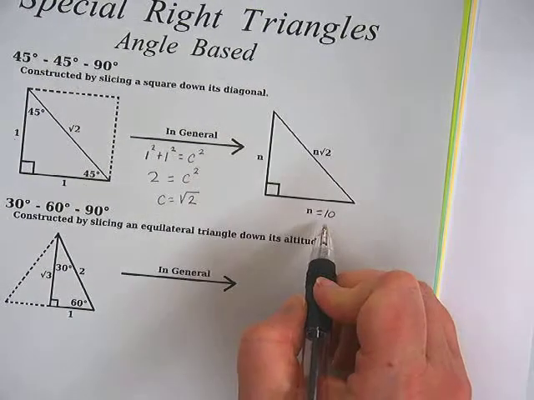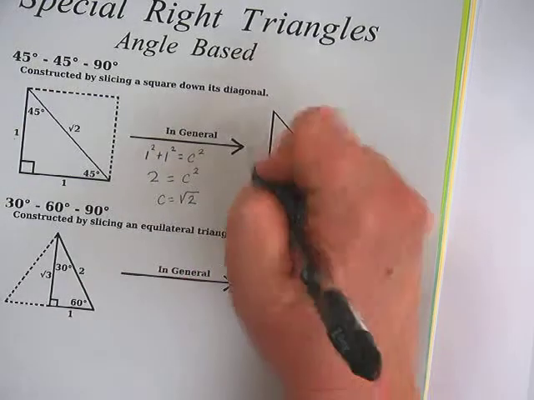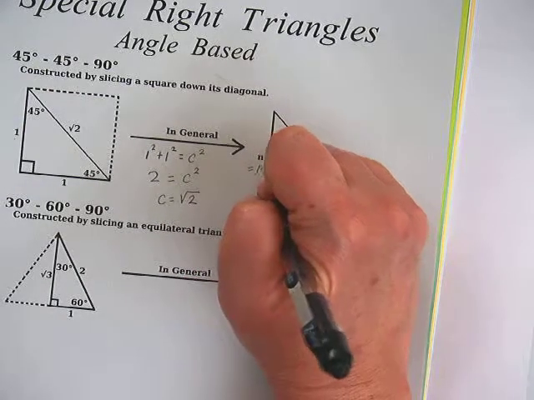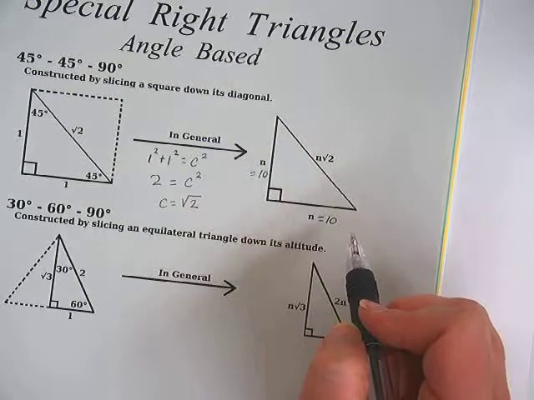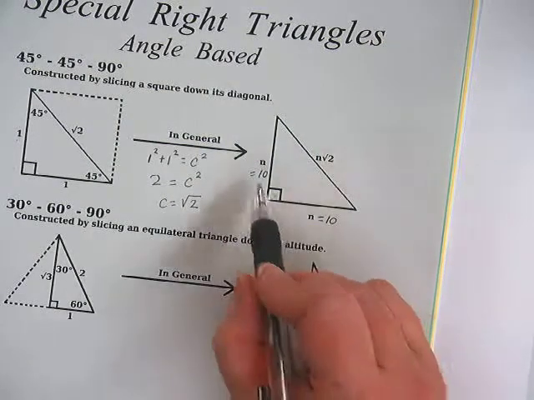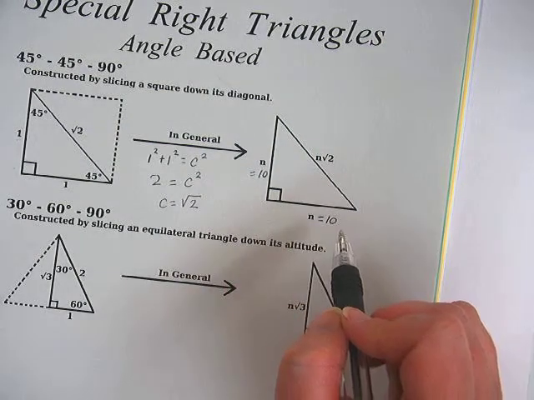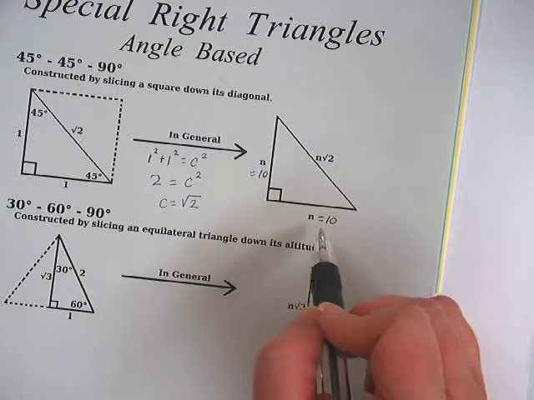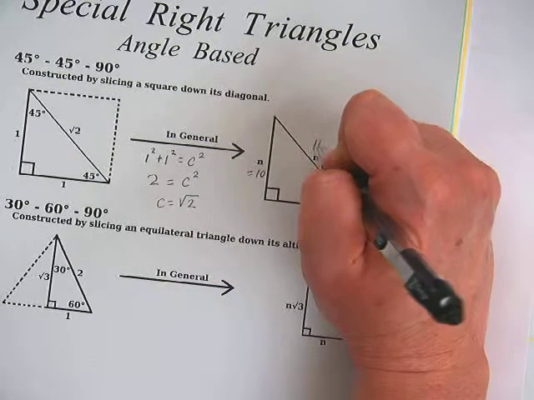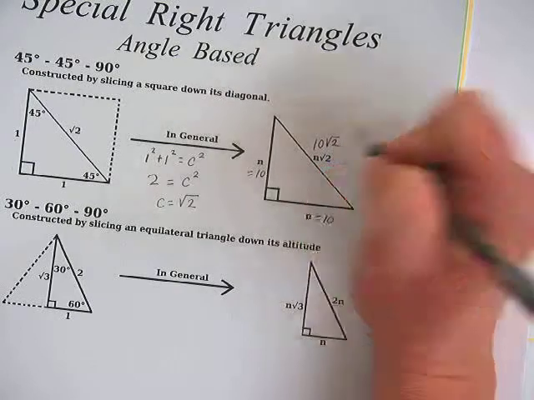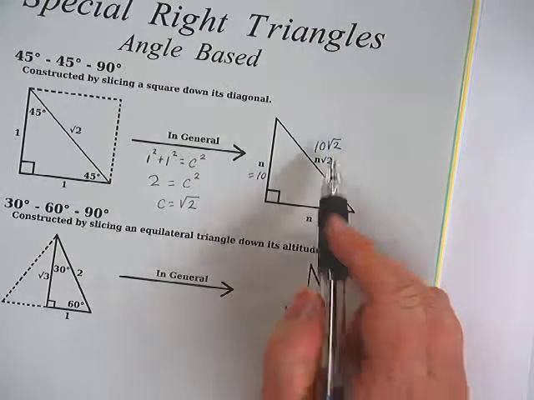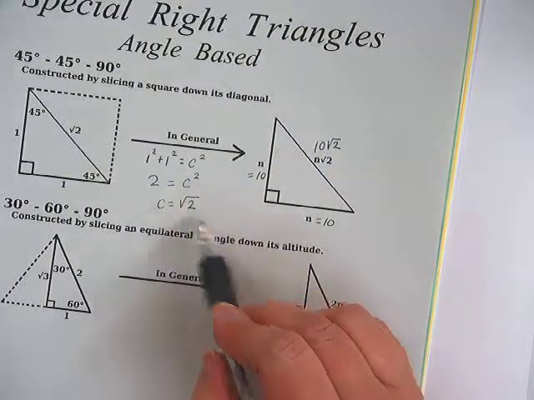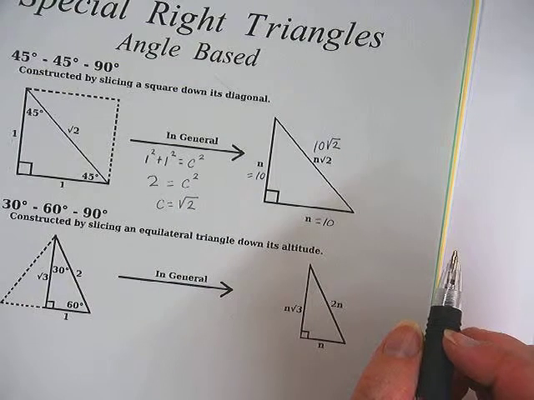If that side equals 10, then this side also equals 10, because remember this is a square cut in half, or an isosceles right triangle, which means those two legs are congruent. Well, if both of the legs are 10, then the hypotenuse is 10 square root 2. It's just a little shortcut we can use, since that will always happen when we use Pythagorean Theorem.